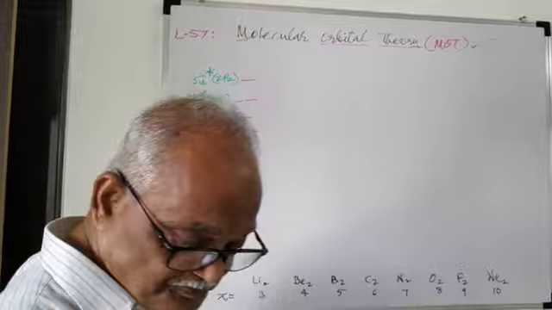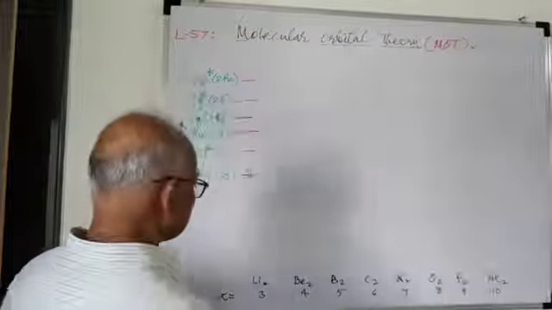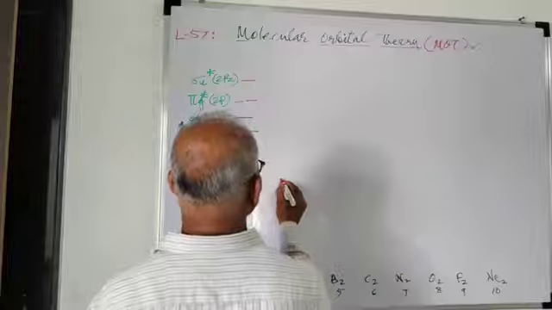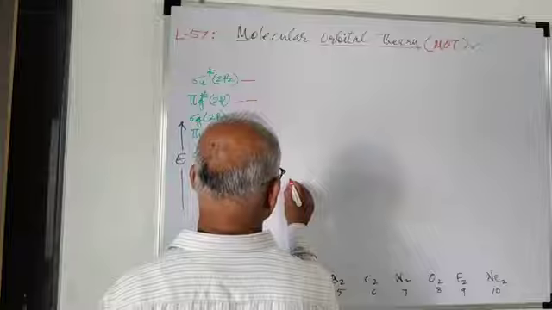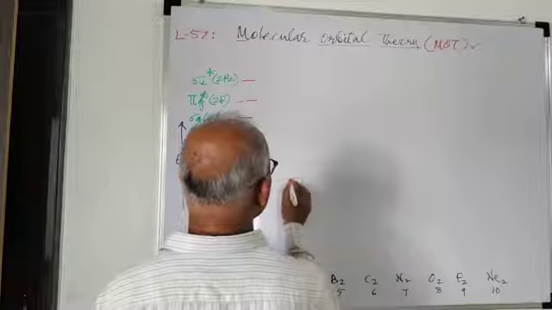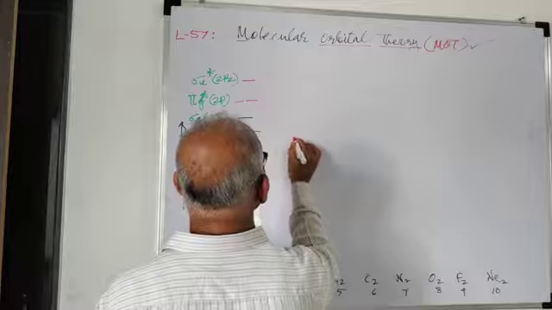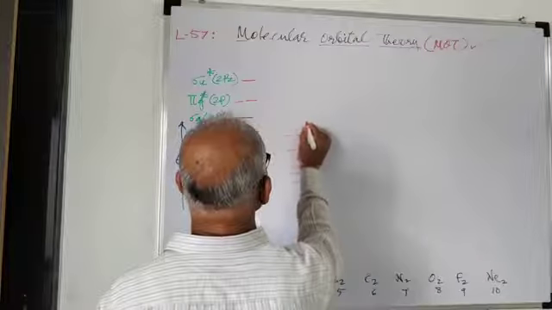Then we will have the next Be2 molecule, which has energy levels like this. So there is decreasing energy like this.